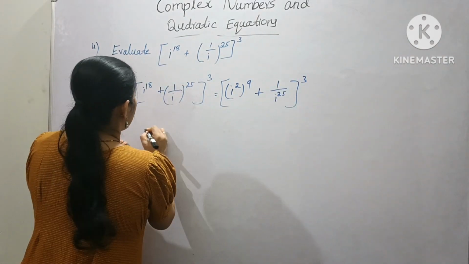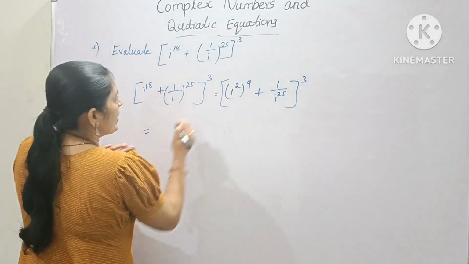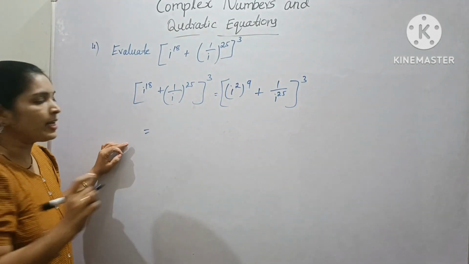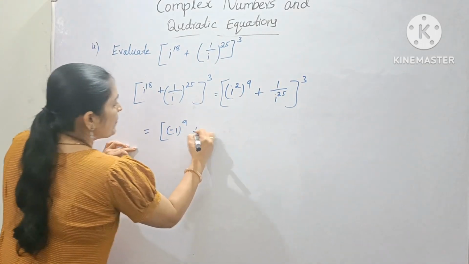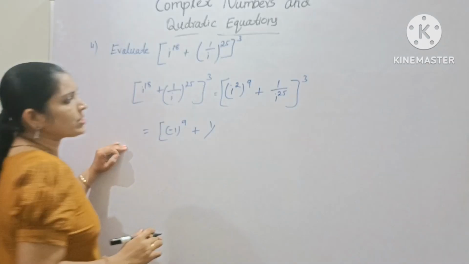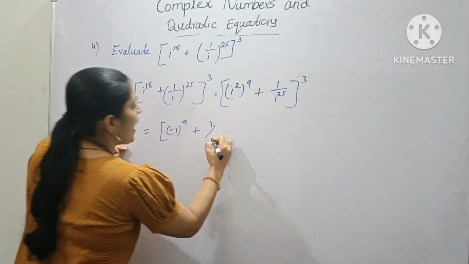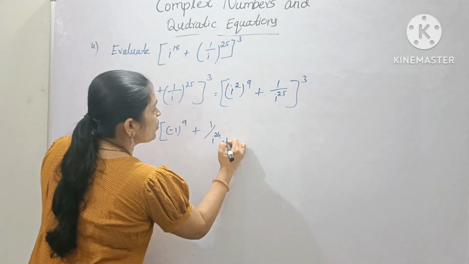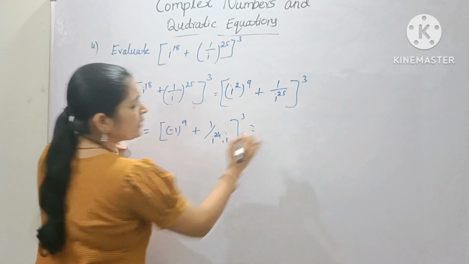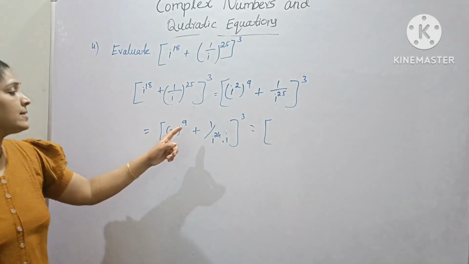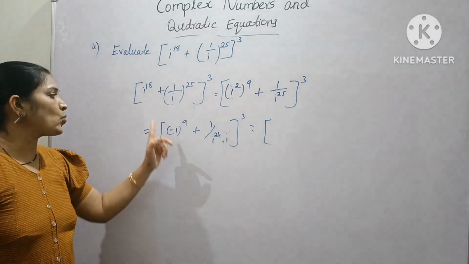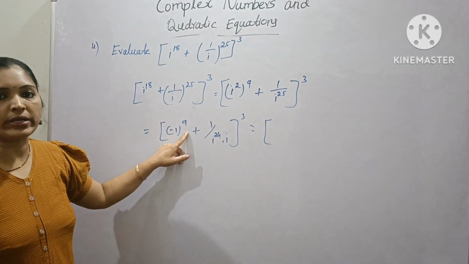Then the value of i square is minus 1. So substitute (−1)^9 plus, here we can write i^25 as i^24 into i, whole cube. Next step, (−1)^9, since it is an odd number, minus 1 raised to odd number is minus 1 itself.